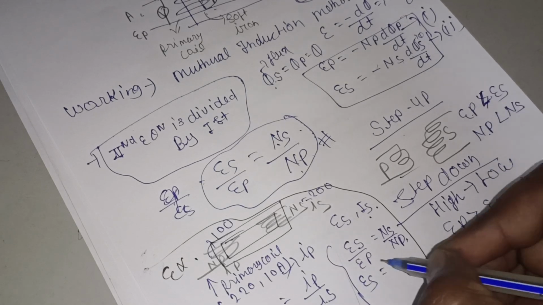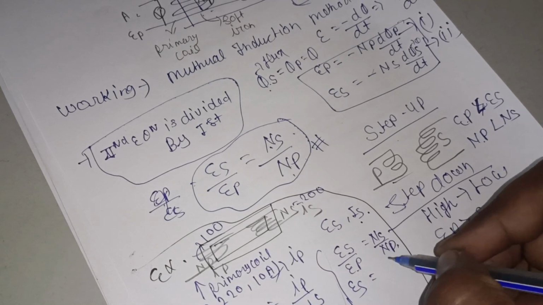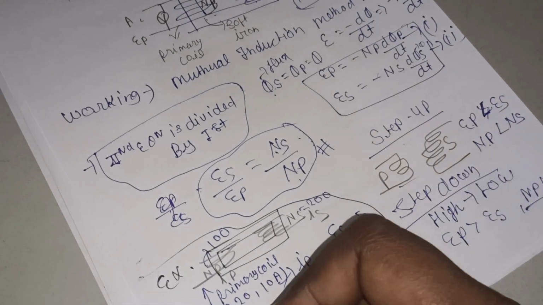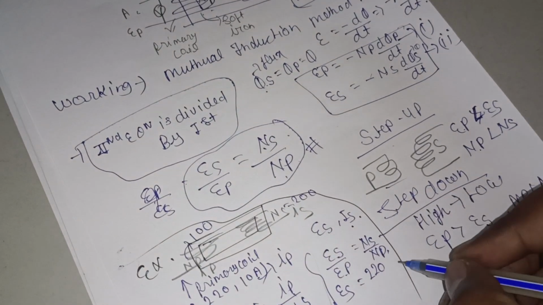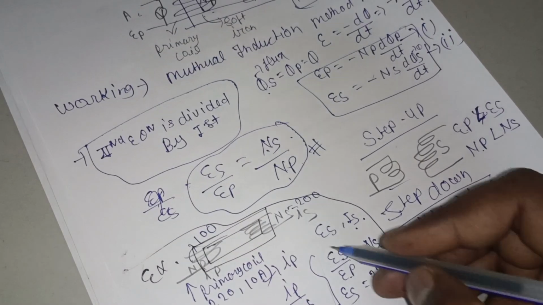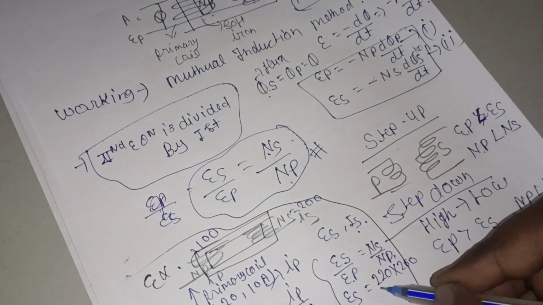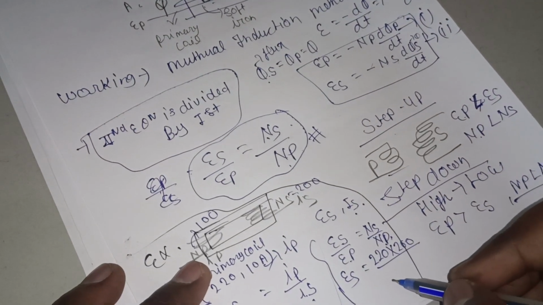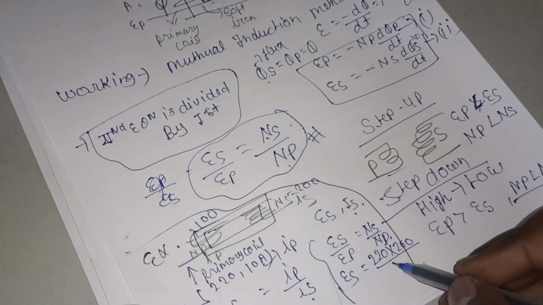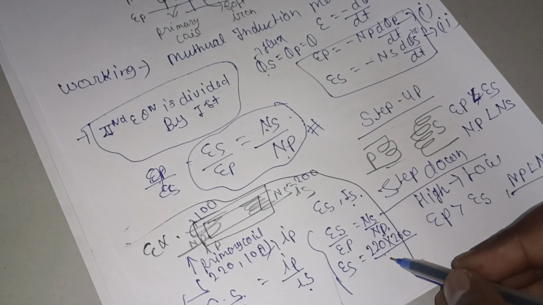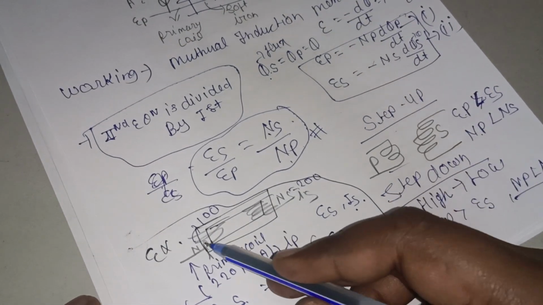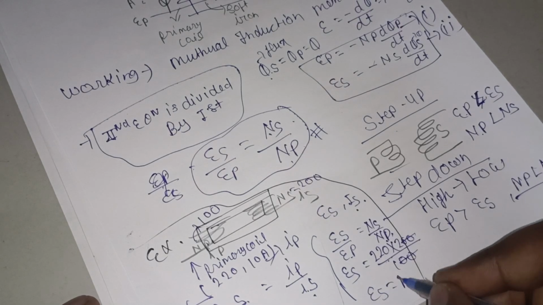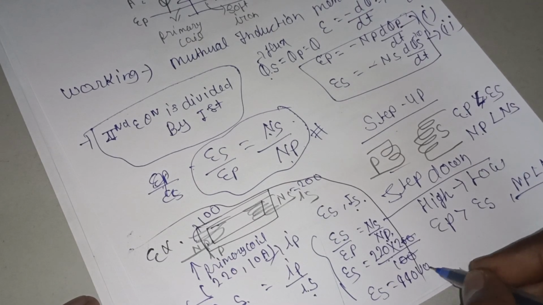ES is equal to EP, which is 220, into NS 200 upon NP 100. So this cancels, and ES is equal to 440 volt.